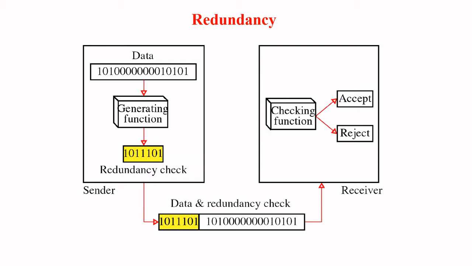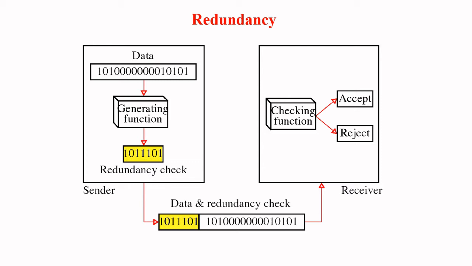What is the use of these redundant bits? These redundant bits or extra bits are added with the data, and along with data these bits are transmitted to the receiver. At the receiver end, with the help of the checking function, and with the help of redundant bits, it takes the decision whether the data has to be accepted or rejected.